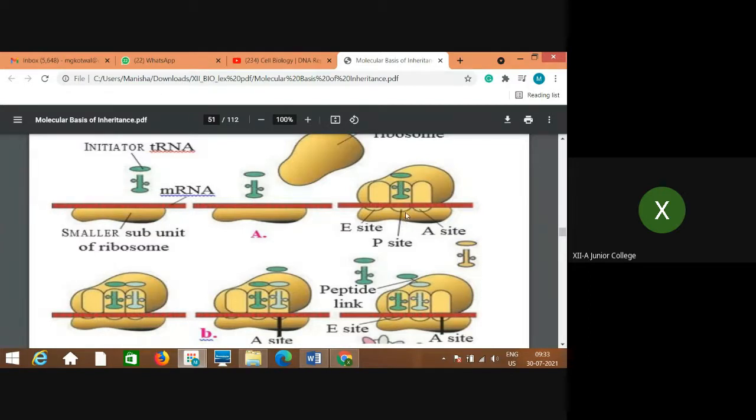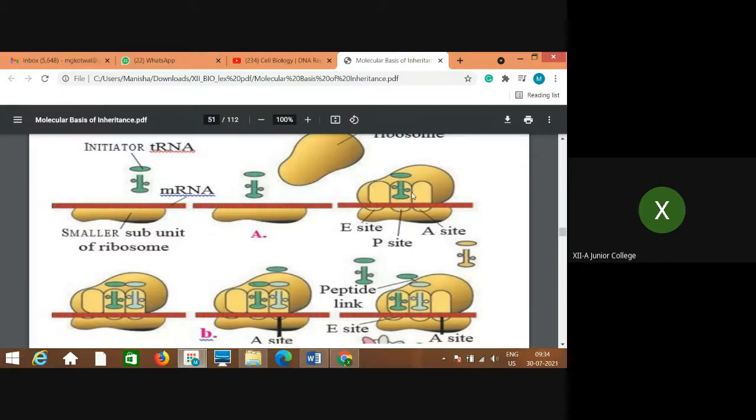Now, this is the P site, and this site which is free is called the A site, because from this site the next tRNA carrying the second amino acid will be coming. So this is called the A site because there is addition of amino acids by the tRNA which it is carrying. And as there will be formation of a peptide bond between the second and the first amino acid, that is called the P site.